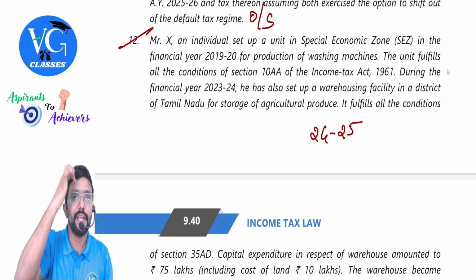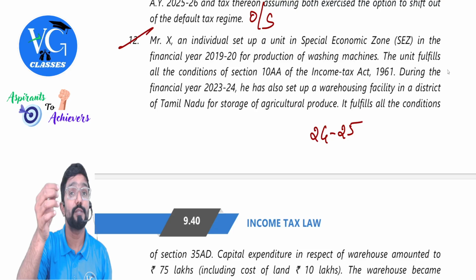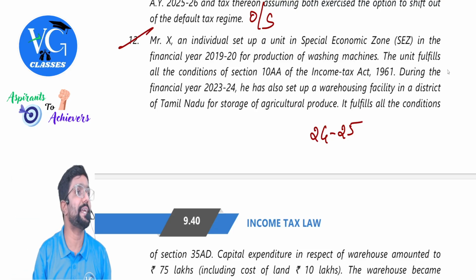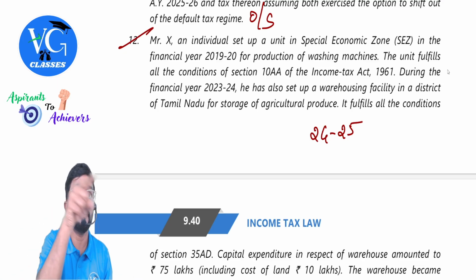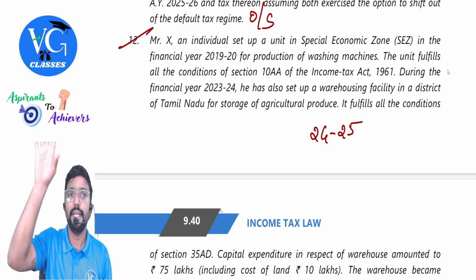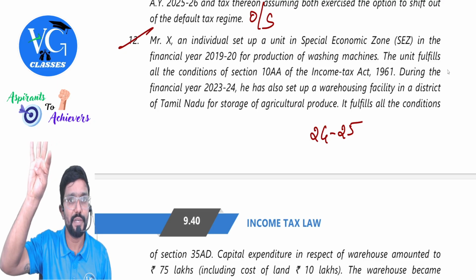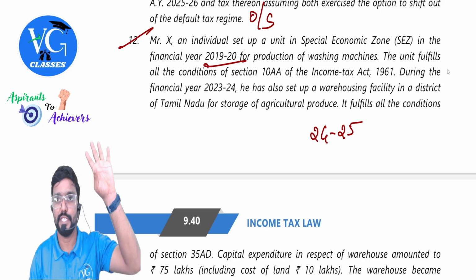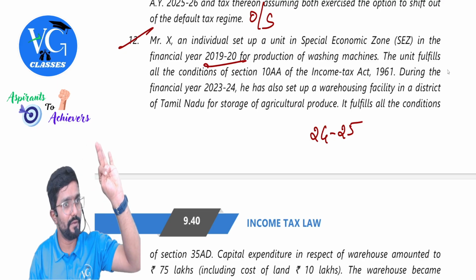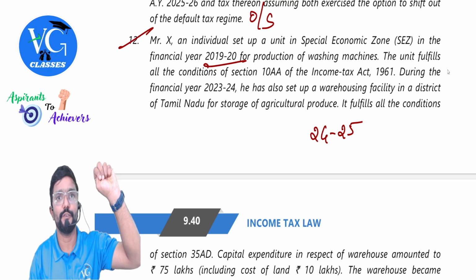Guys, listen here. For a unit in SEZ, whatever they earn from exports is allowed as deduction under section 10AA for 15 years. First check, our previous year is in which year? 2019-20 is the first year. 2020-21, 21-22, 22-23, 23-24.